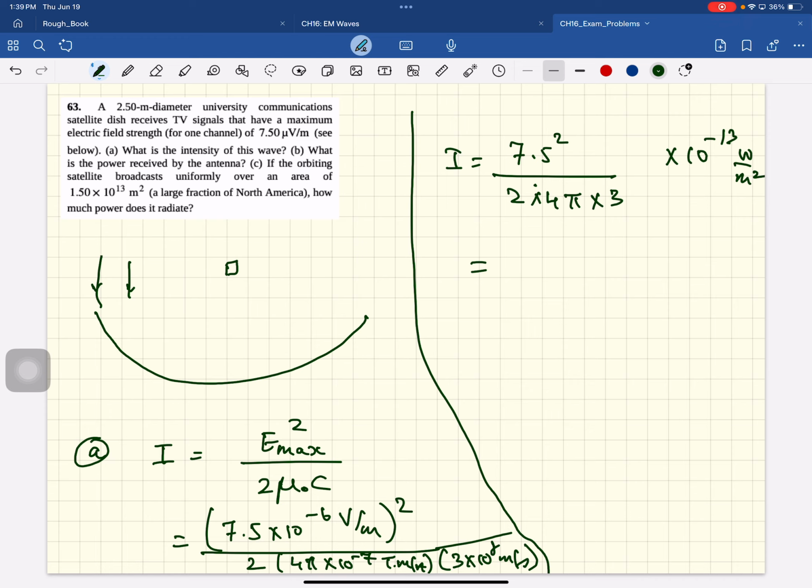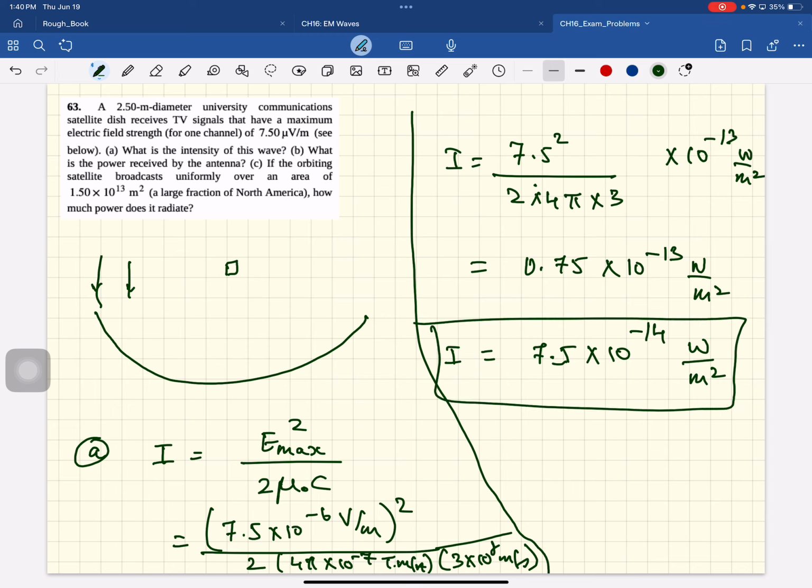So the intensity of this beam is, remember, the intensity of sunlight is about 10 to the 3 watts per meter square.